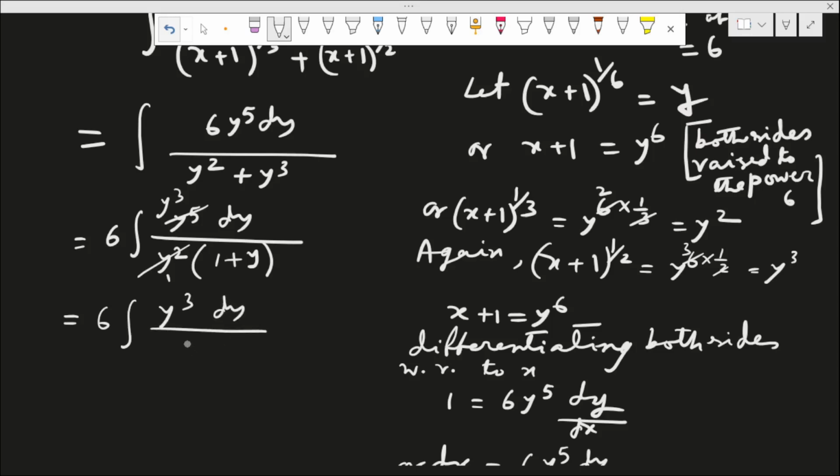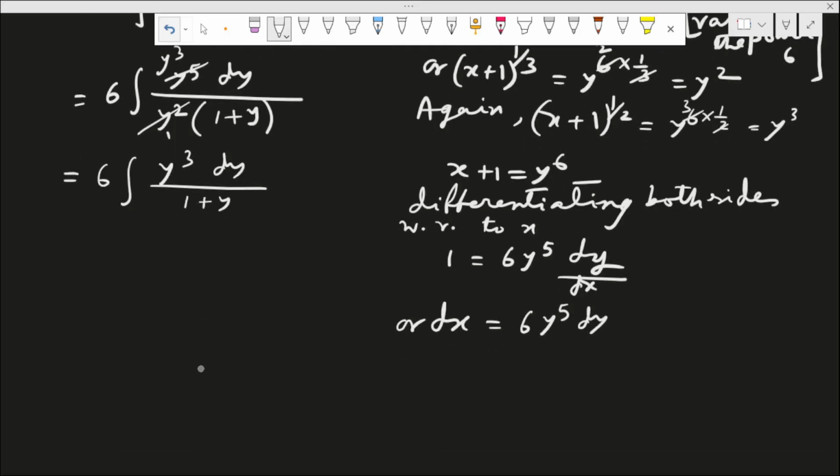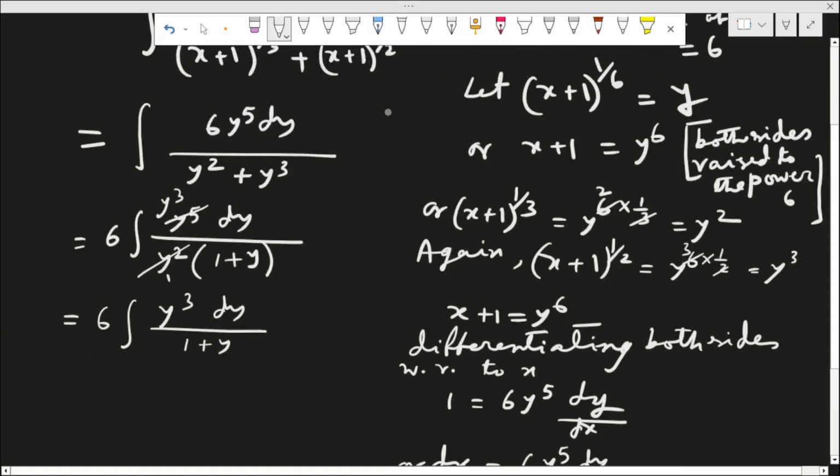Now to integrate this, we have to express the numerator in terms of 1 plus y. We can do this by directly dividing y cube or by observation. Draw a line here for separating.